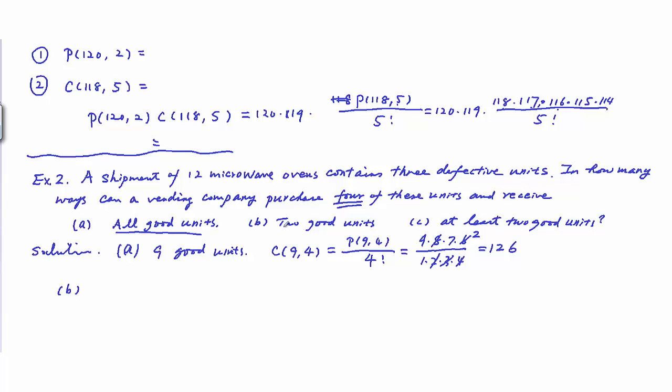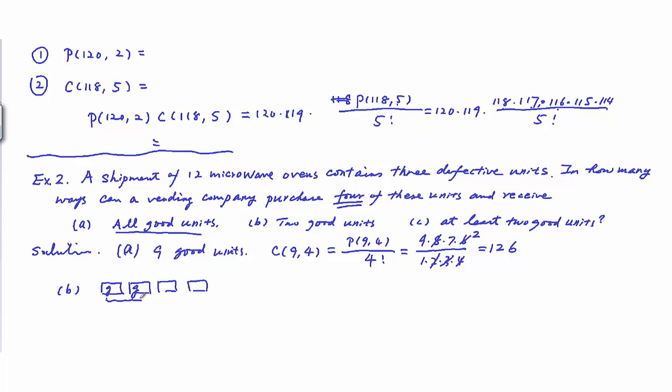And then B, 2 good units. For this one, because the company wants to buy 4, you have 4 spots, and 2 need to be good. So now you talk about 9 good units, taking 2 at a time.